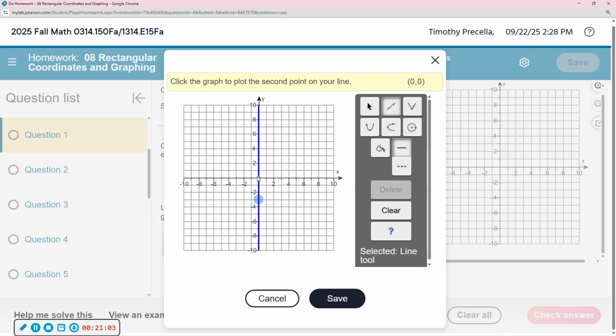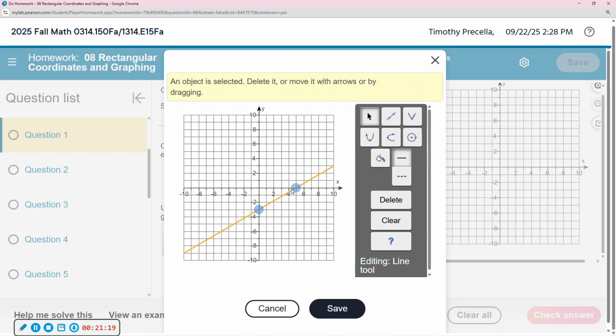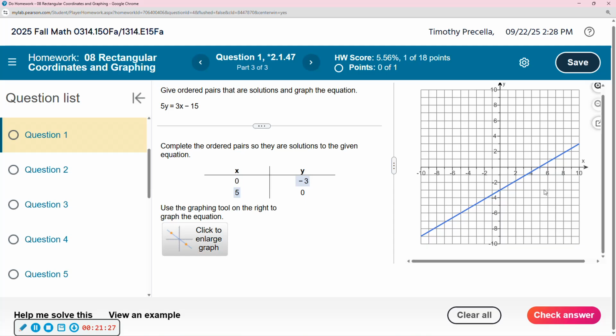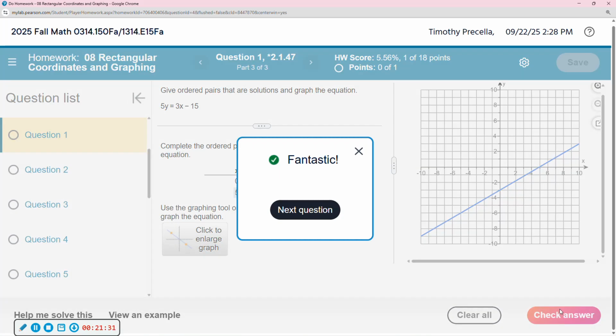I move right 5 and up 0. How do I know I'm at 5, 0? The upper right hand corner of the yellow rectangle. So we click here. You can't check your answer yet. What you have to do is say save, and that's going to move it to the graph right here, and then say check it.